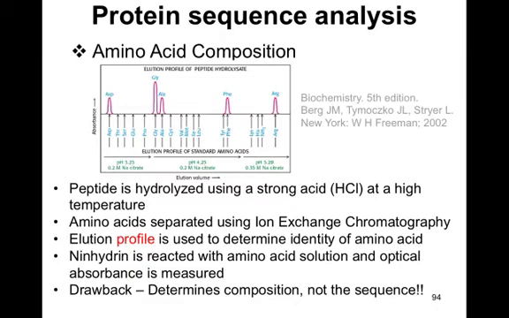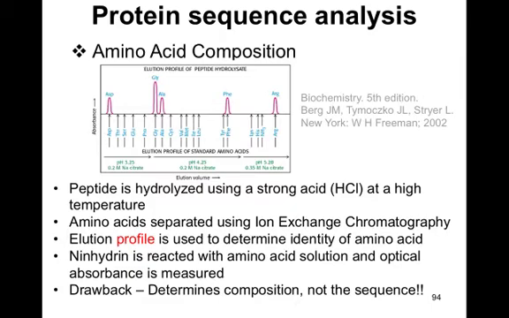There are two types of ion exchange columns primarily. You have a cation exchange column that separates out the positively charged molecules, and you have an anion exchange column that separates out the negatively charged molecules. Without getting too much into the specifics, for example, how this works is you have aspartic acid that has the lowest isoelectric point of 2.7, and then you have arginine that has the highest isoelectric point of 10.7.